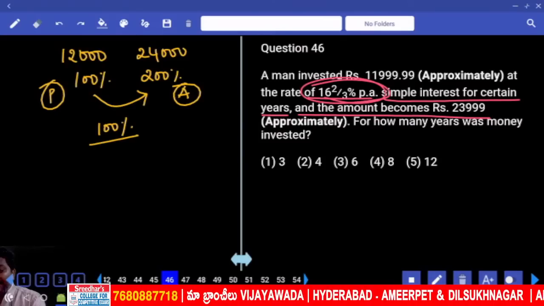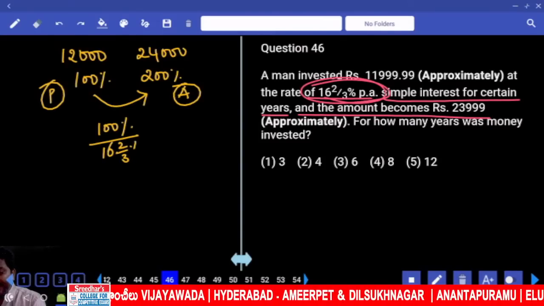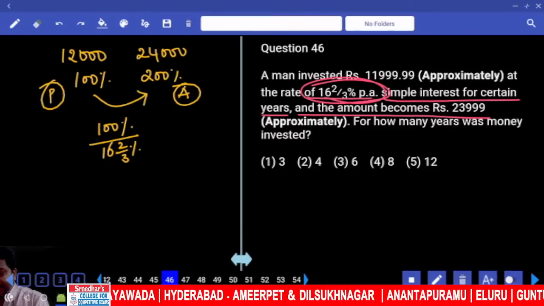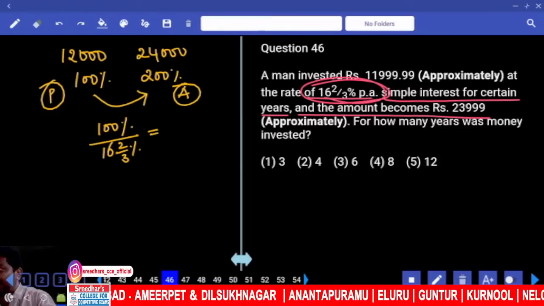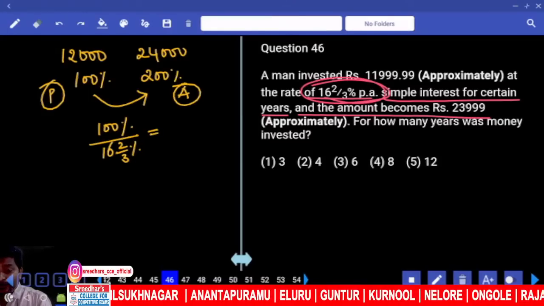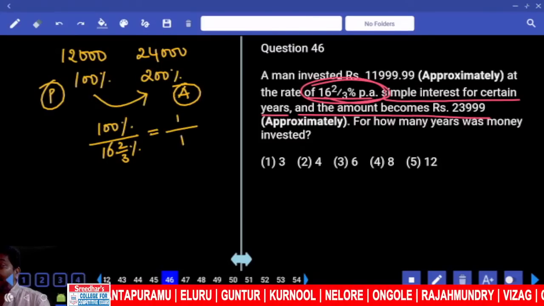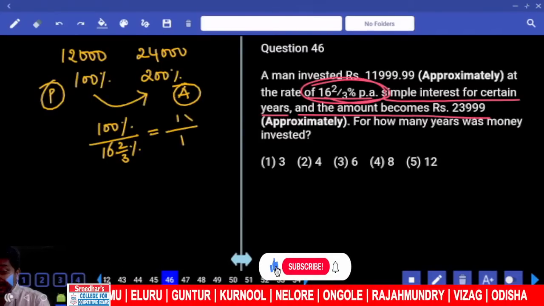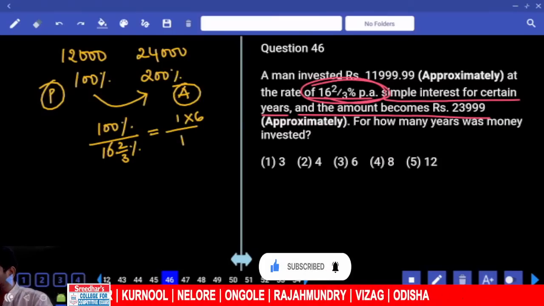Then total time period will be equal to 100% divided by 16.2 by 3% only. If you don't remember this calculation or if you don't understand this particular calculation, convert now into fraction. 100% meaning 1, 16.2 by 3% meaning 1 by 6. Denominator and denominator comes to answer 6. That's one. Is it clear?